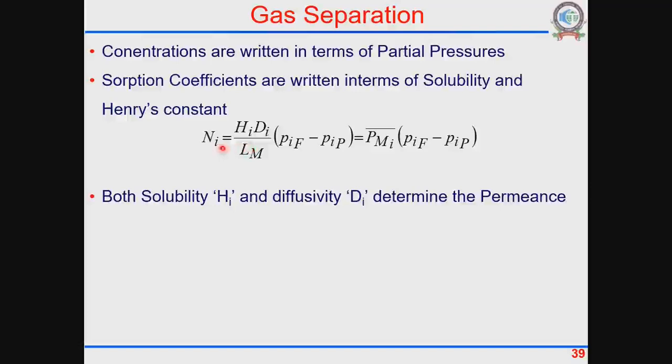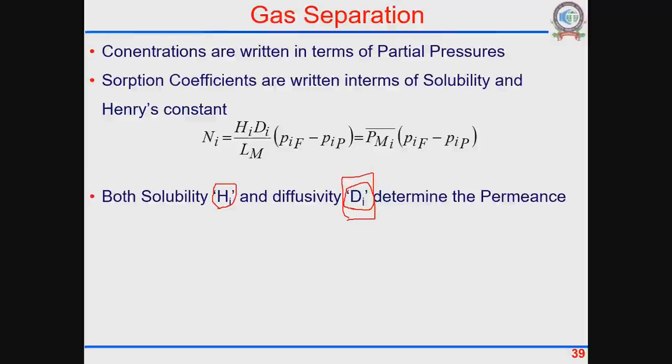So you can see for flux to happen, both solubility and diffusivity determine the permeance of the membrane. If we are talking about separation of two gases, not only the solubility of the gas in the membrane is important, but also the diffusivity of the gas in the membrane. When we talked about hydrogen and ethane or hydrogen and methane, we had only talked about the diffusivity difference.